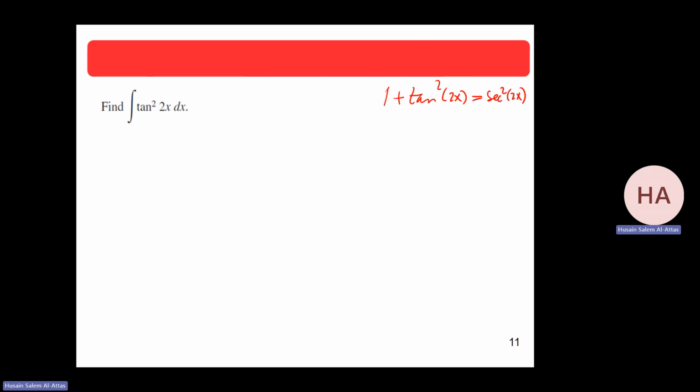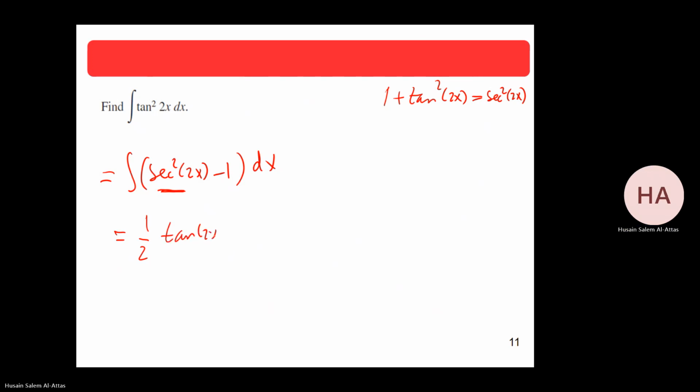So I can write tan squared as secant squared 2x minus 1 dx. I know how to integrate this, either by substitution or quickly. This is half tan 2x minus x plus c. You can check this: you differentiate and you get half secant squared 2x times 2, which is secant squared. So that will be the answer.